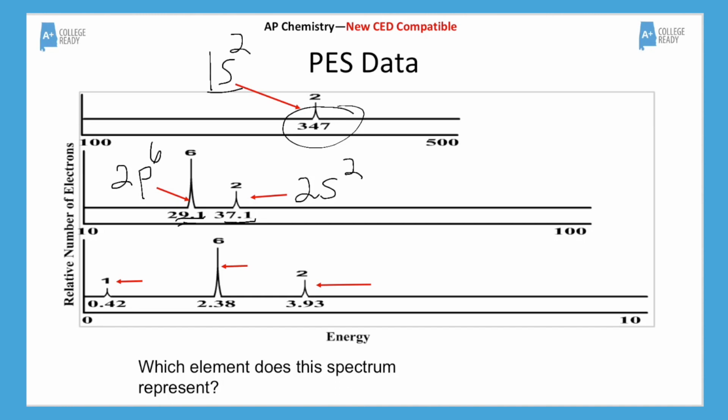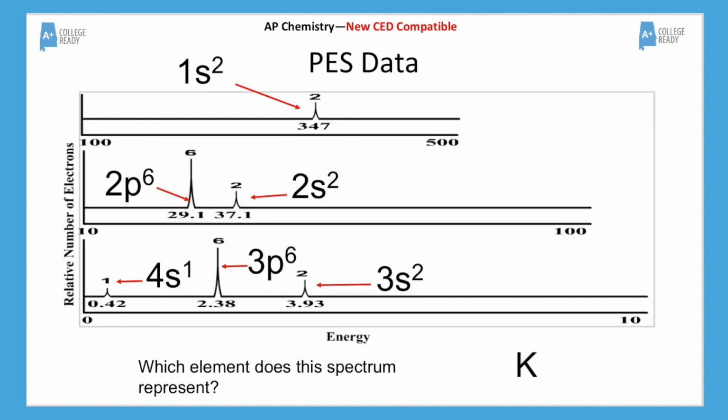Then we get down to the rest of this, and notice the numbers are dropping. So what would we expect to be next? Well, 3s, 3p, and then that must be 4s1. Notice the lowest energy value is going to be your valence electron. What element is this? Potassium.